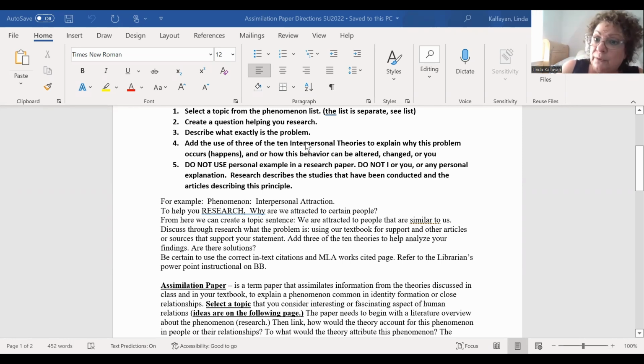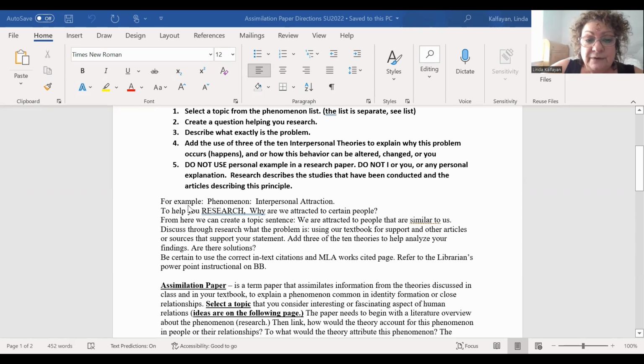So again, it's only 4 pages. So between an introduction and a conclusion, and if you were to talk 3/4 of a page to a page on each theory and give examples, but not personal, so we'll get to that in a minute, there's your paper. And it's a good guide as well.